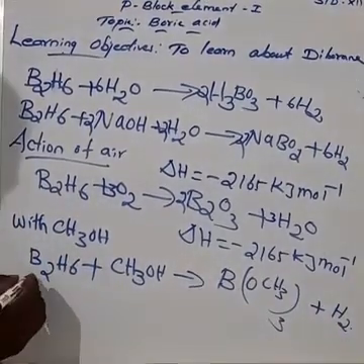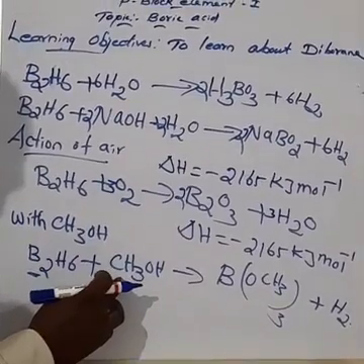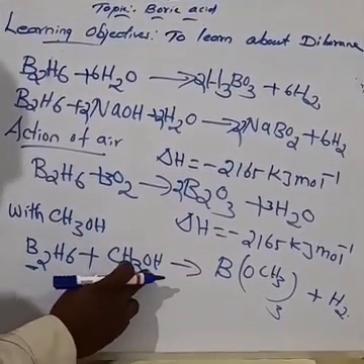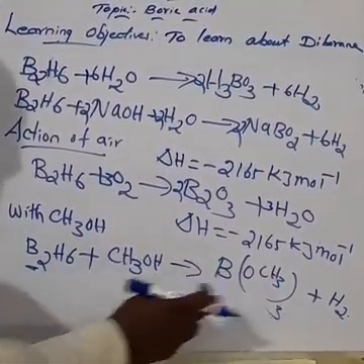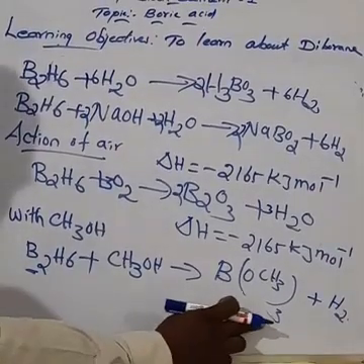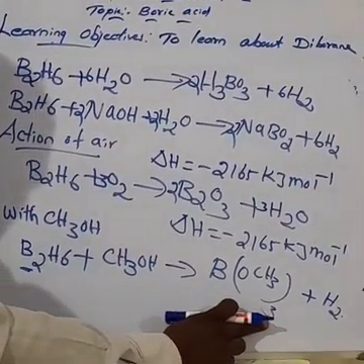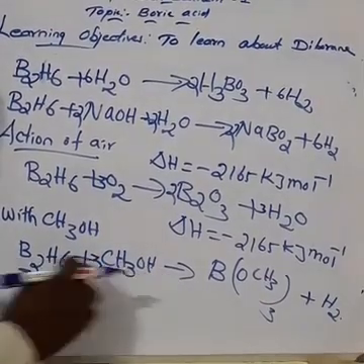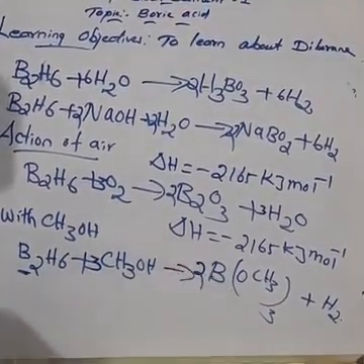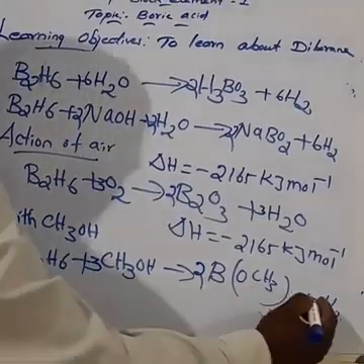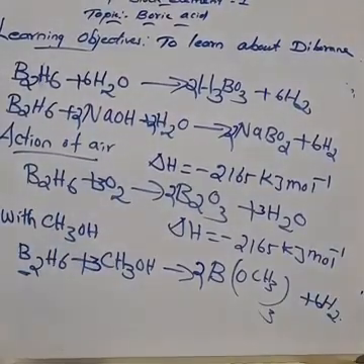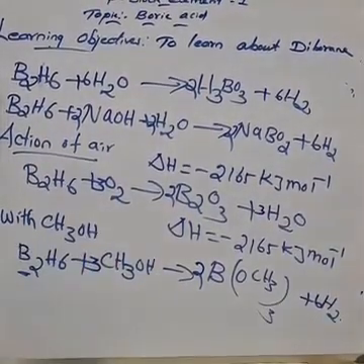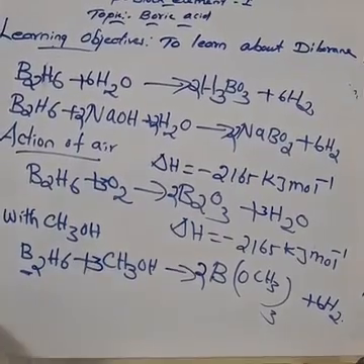Here, this boron combines with the methyl group CH3O. We get B(OCH3)3. For balancing, 3 methyl groups are there, make it 3 here. Boron 2, 2. The hydrogen, make it 6. The equation is balanced.